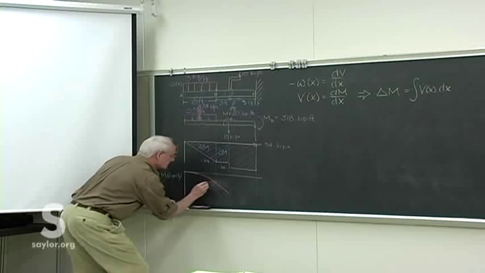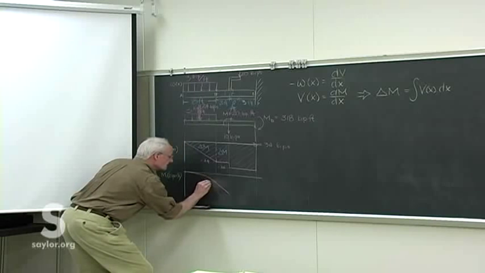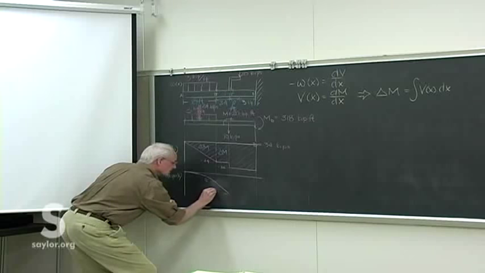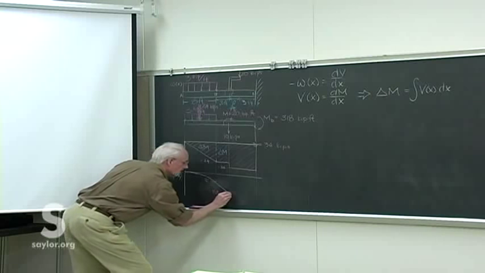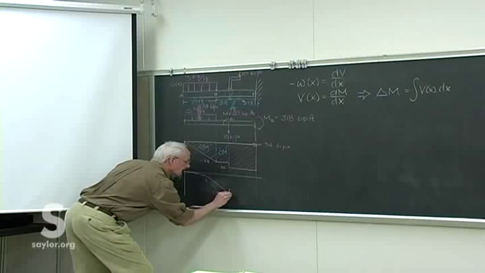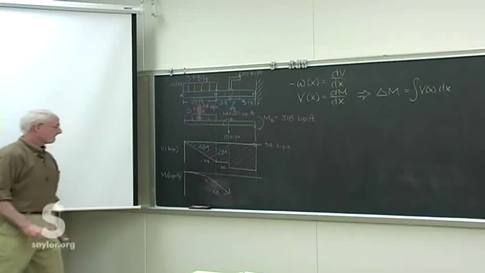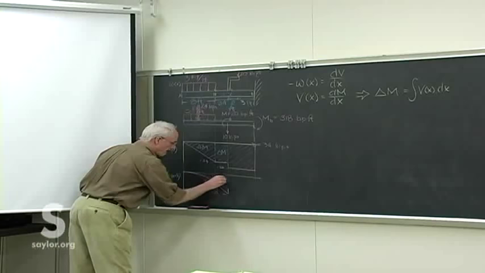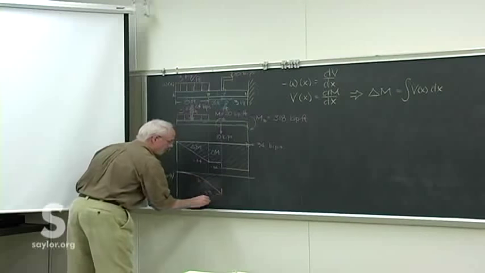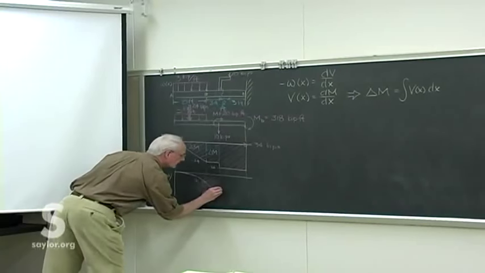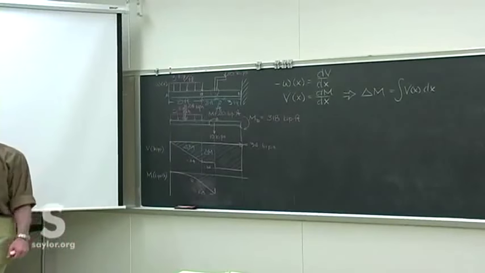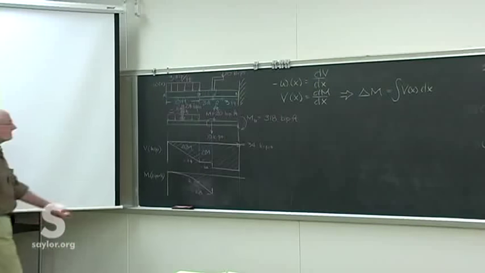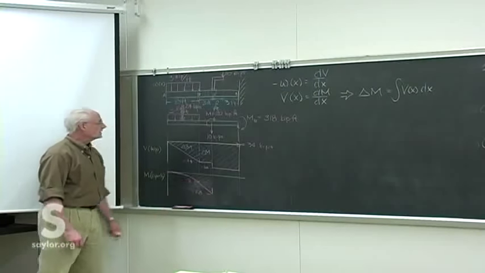So that was minus 96. This is minus 168. We jump up by 20. So that's a point moment applied to the beam and the response of the moment curve to that.